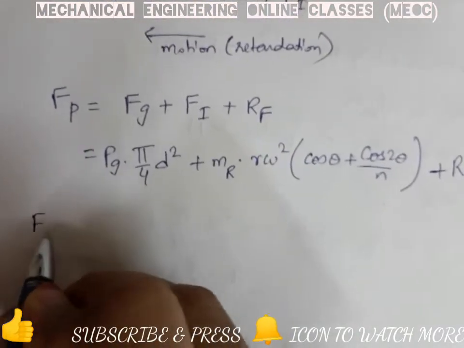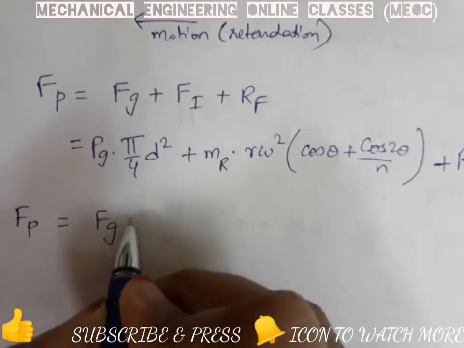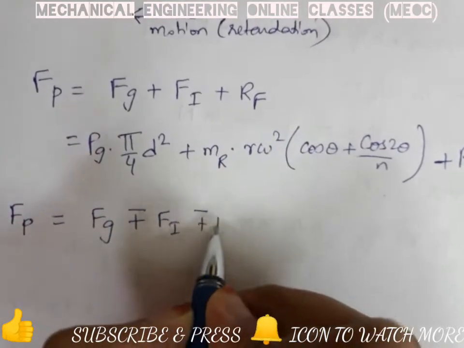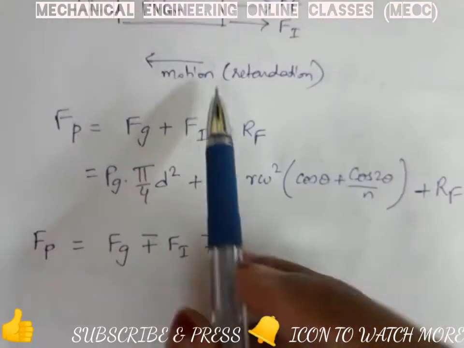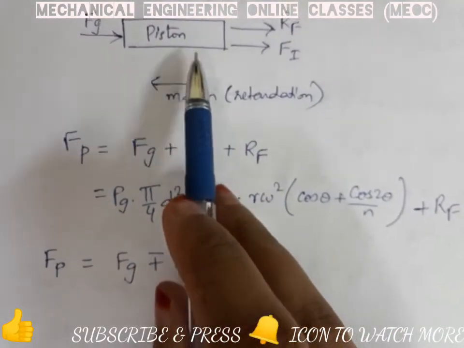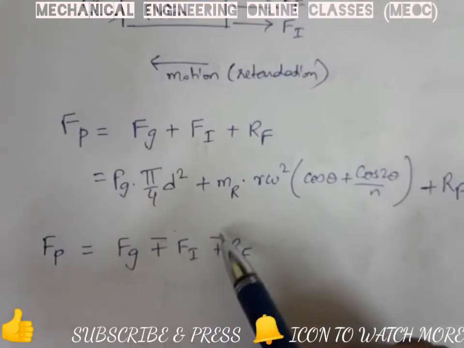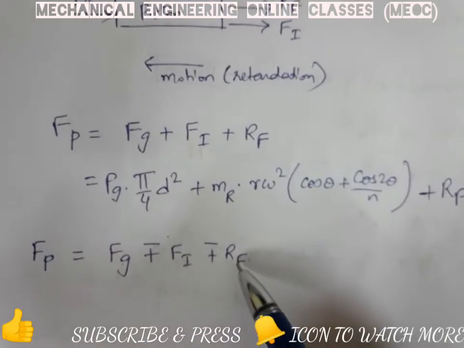Or simply, in general, Fp can be written as Fg minus or plus Fi minus or plus Rf. This is a combination of both the cases, when the piston is in acceleration and retardation. So when it is in acceleration, we have Fg minus Fi minus Rf. When it is in retardation, it will be Fg plus Fi plus Rf.